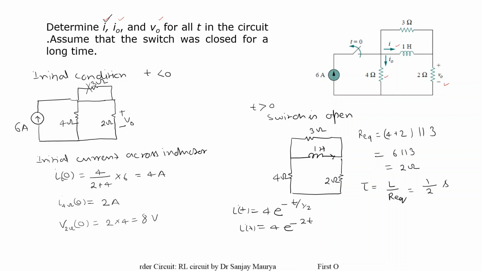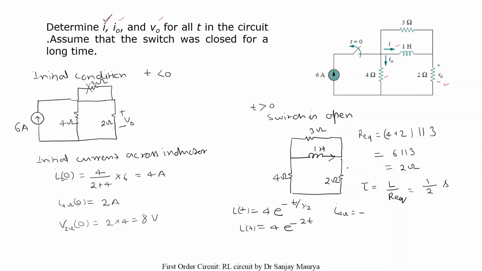Current I(t) is flowing in this direction, and this I(t) is divided into two paths. One is the 3 ohm, and the other is the series combination of 2 and 4 ohm. So the current in 4 ohm we can determine by using the current division law. Earlier we assumed the direction from top to bottom, since the current is going from bottom to top, it will have the minus sign.